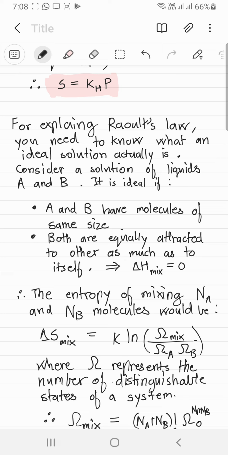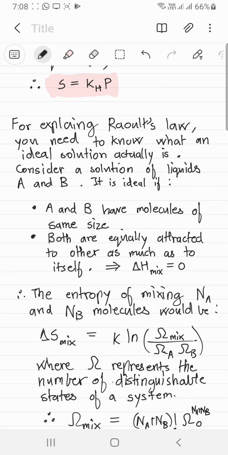the ideal solution model. So what is an ideal solution? It's any solution where the substances that make up the solution have molecules of the same size and have similar interactions with their own molecules and molecules of the other substance.